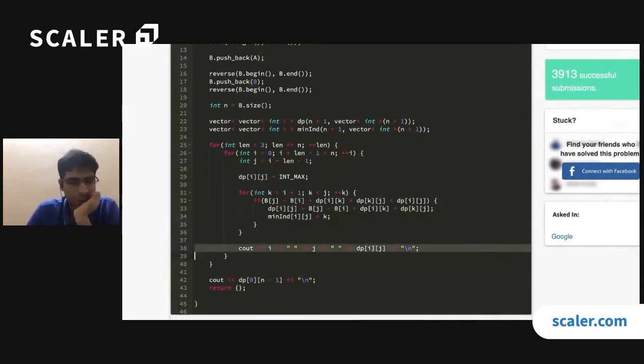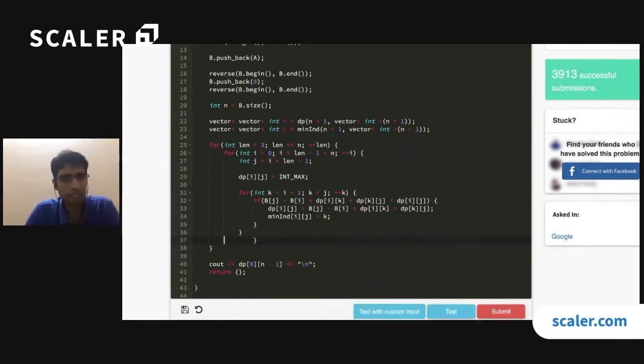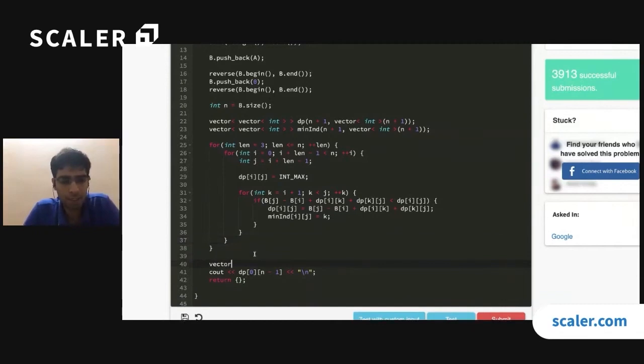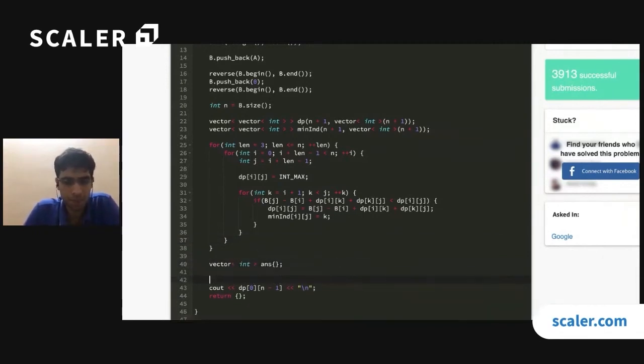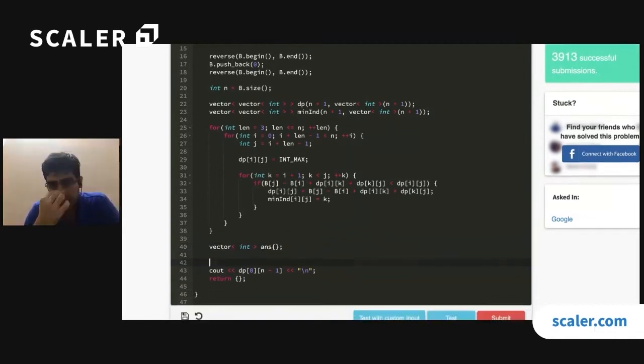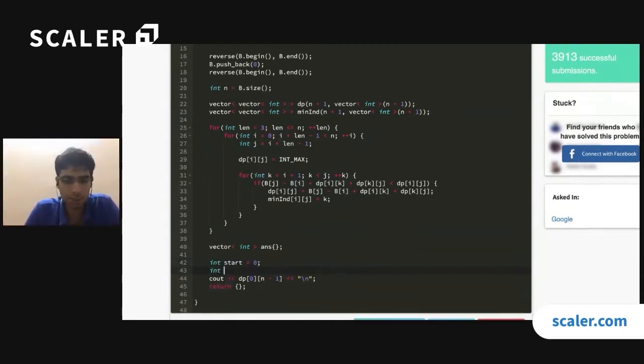Once I have this, I know that dp[i][j] is going to return the correct solution. So now I just have to process this matrix backward, to find in which order I will make the cuts. I can say vector of int answer is initially empty. Currently my start is 0 and my end will be n minus 1.